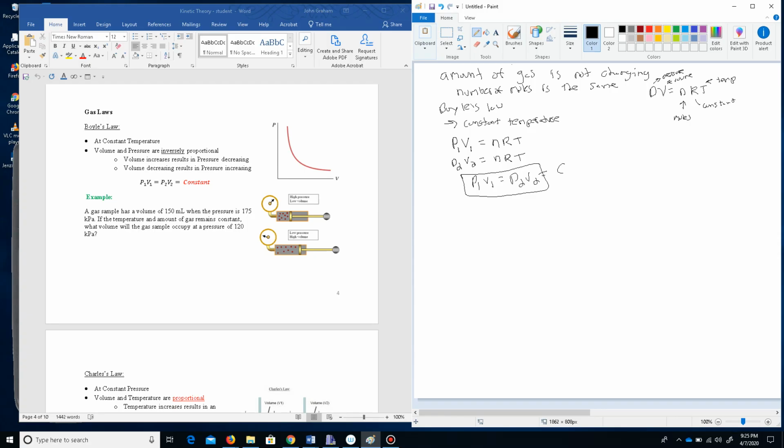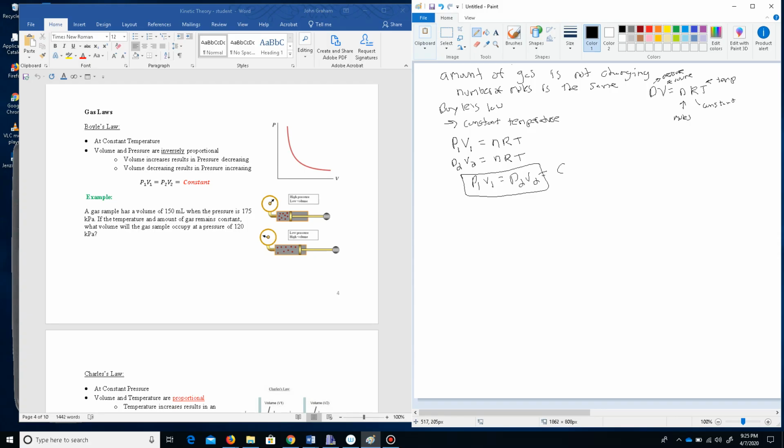You can see we have a graph, pressure on the y-axis, volume on the x-axis. As pressure is high, you will have a lower V. As the pressure decreases, the volume increases, and once you get a high volume, you will have a lower pressure. That's because these are inversely proportional. When one increases, the other has to decrease in order for this to stay constant.